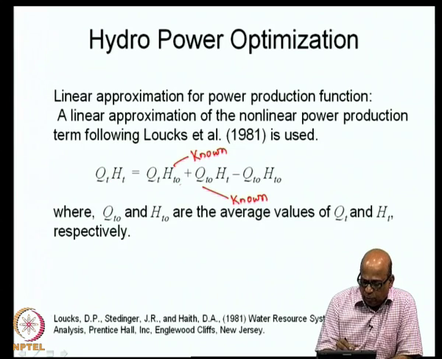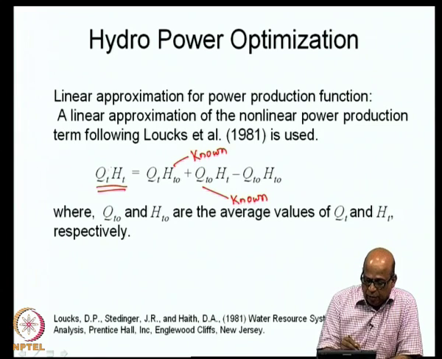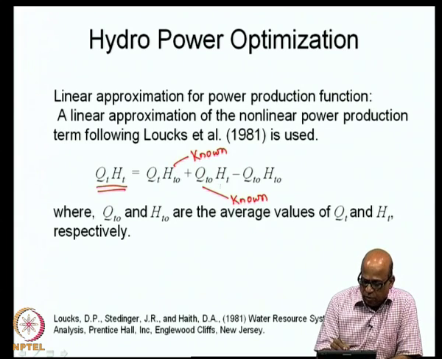So, in this expression now, what I am saying is Qt into Ht, in which both of these are unknowns, we write it as Qt into Ht naught is known and therefore, some constant into Qt plus some constant into Ht minus this constant and this constant. That is how we write.